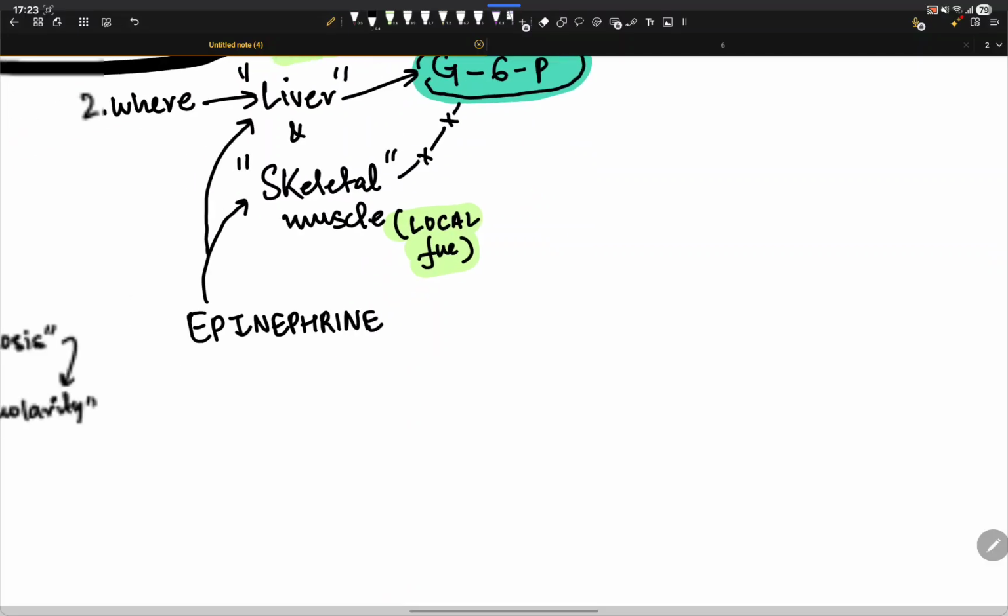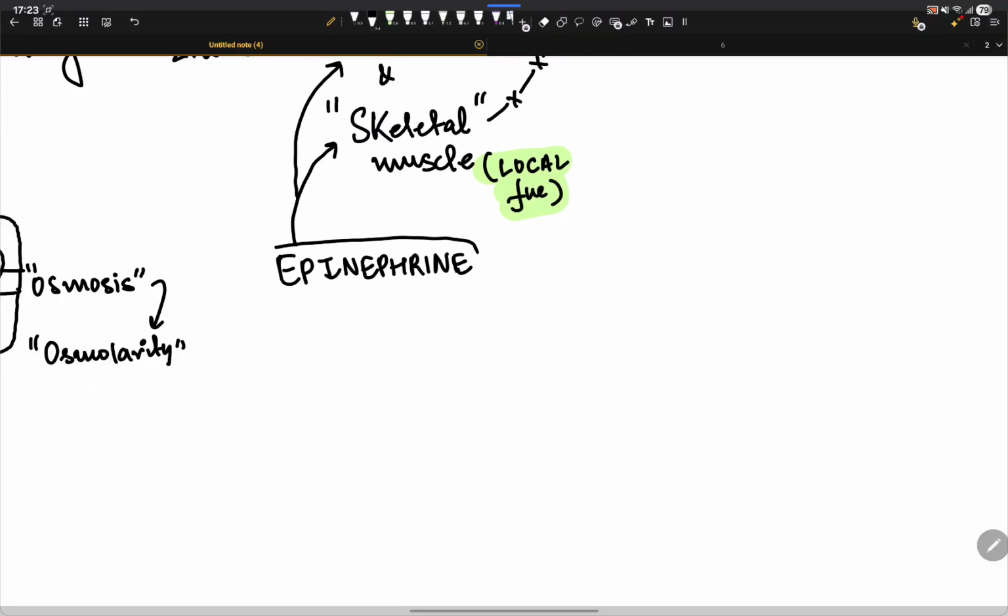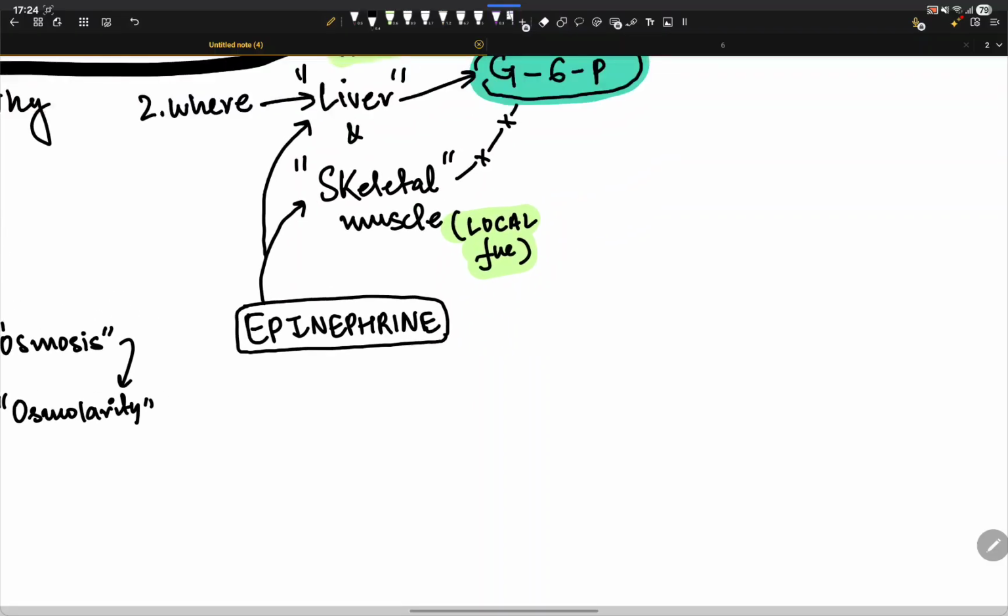So epinephrine can talk to both of them, and epinephrine is the guy who tells your body that, hey, you are under attack, maybe run, right? So both organs can respond to epinephrine. So when epinephrine talks to the liver, what happens? The liver releases that glucose and maintains blood sugar levels. What happens when muscle talks to epinephrine?